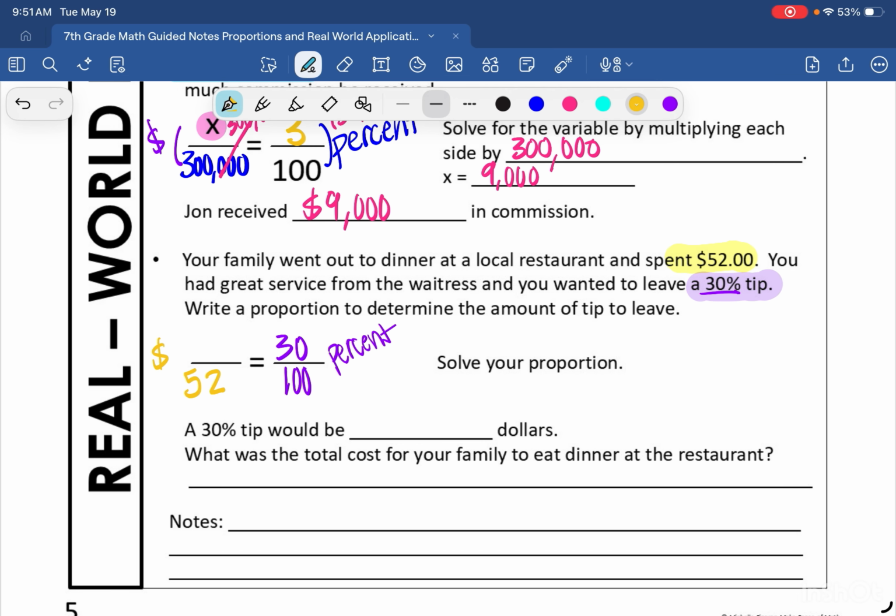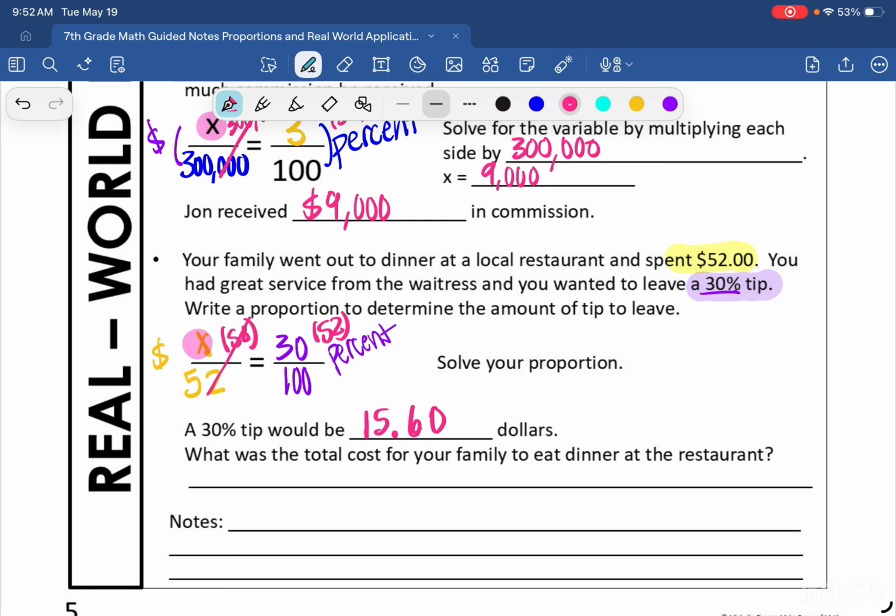That's my money. But I want to figure out how much tip do we leave. So that's my unknown. That's my part. That's my whole. Again, my variable is already in the numerator, so I just need to multiply each side by 52, and that will help me figure out what my x is. So 30 times 52 divided by 100 is going to be 15.60.